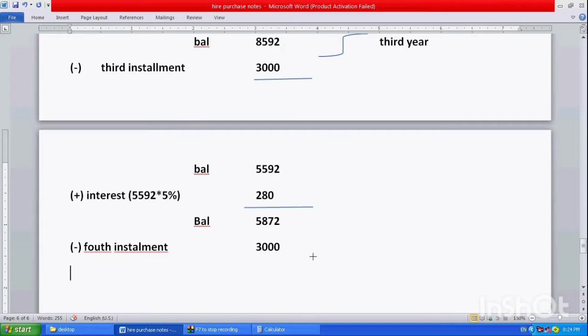Okay, so I'm adding this one line to make it comfortable for understanding. So we can write here as a balance 2,872.